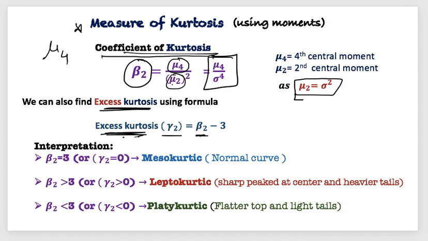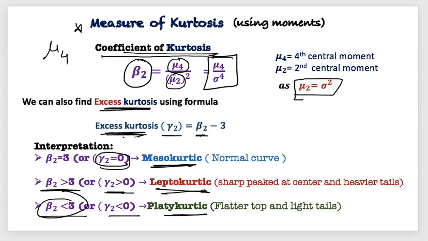Either we get gamma 2 to be 0, so we can declare it mesokurtic, or when beta 2 is greater than 3, that is gamma 2 is greater than 0, we can say it is sharp peaked, leptokurtic. And when beta 2 is less than 3 and gamma 2 is less than 0, we can say it is platykurtic, or we can call it flatter top.